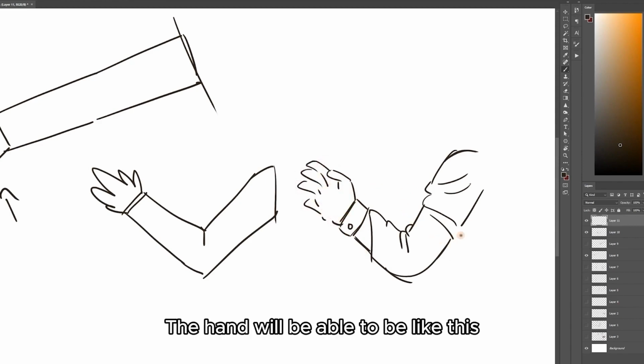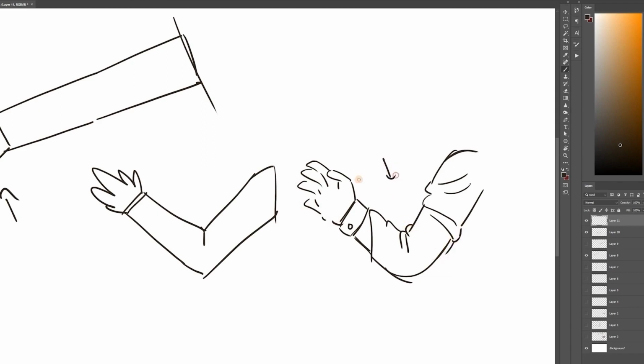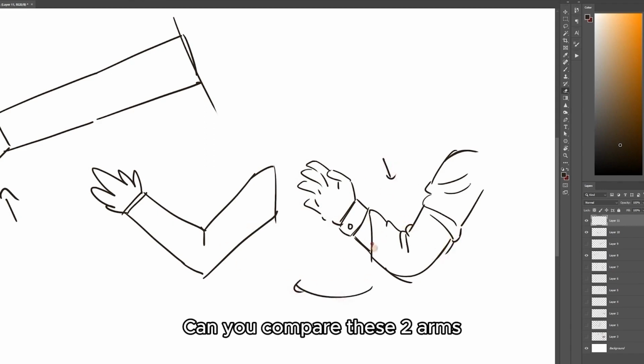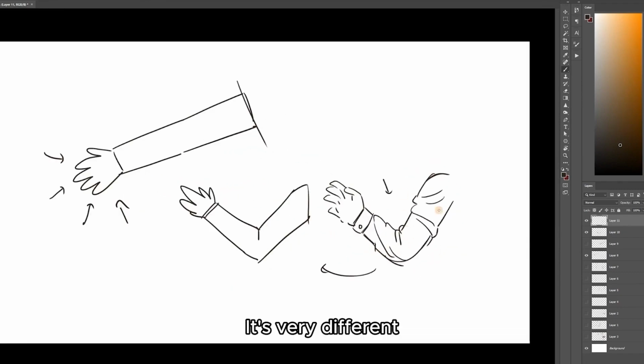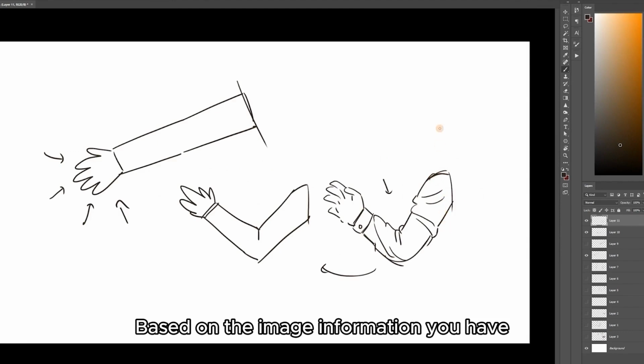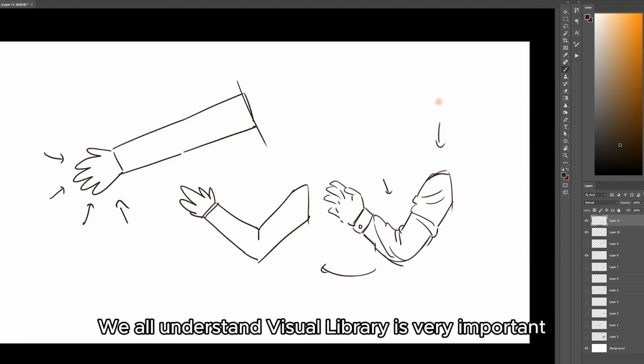The hand will look like this. Can you compare these two arms? It's very different, based on the image information you have. We all understand visual library is very important.